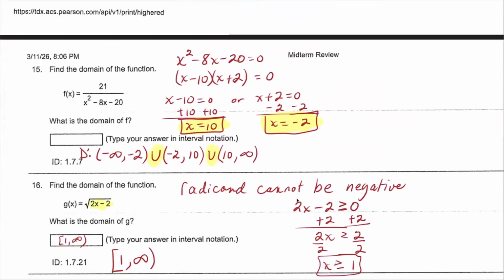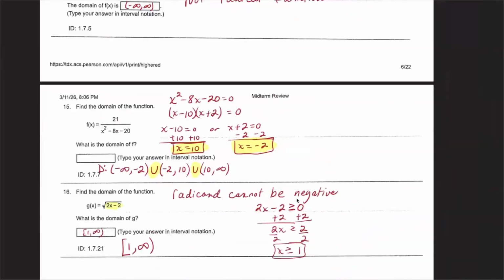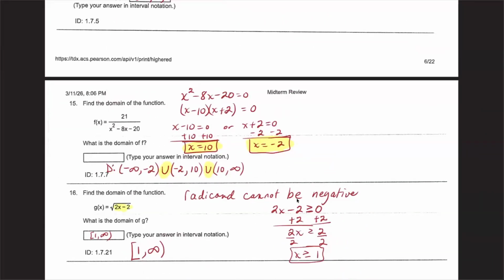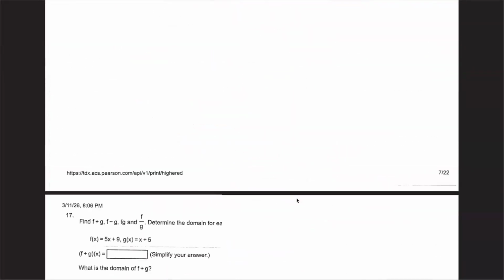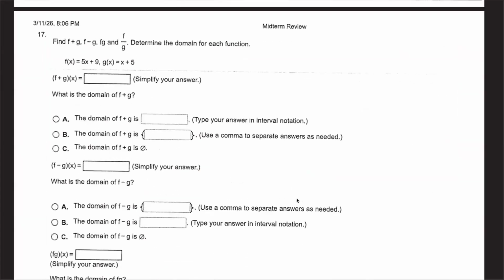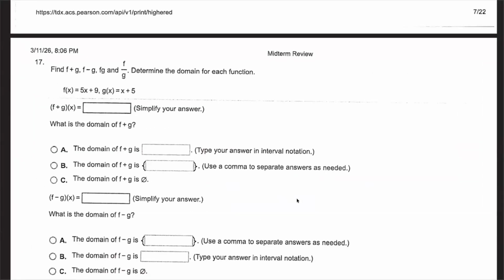So what functions have domain restrictions? Rational functions and radical functions, or square root functions, I should say most specifically, square root functions. All right, so now we're going to do some algebra of these functions. We're going to add two functions together, subtract them, multiply them, or divide them.